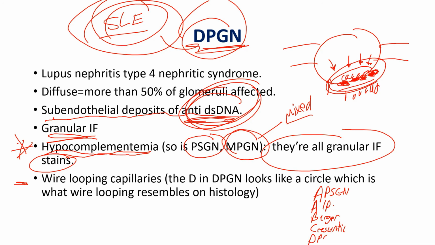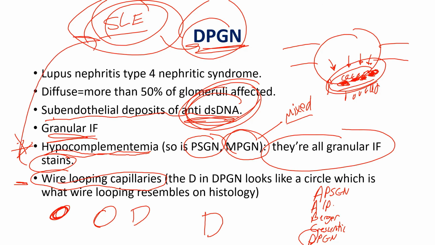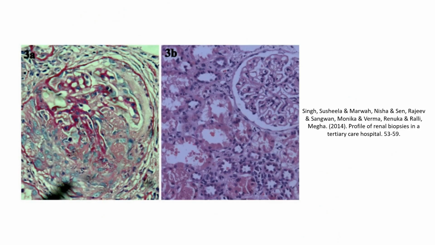Now we're talking about DPGN, diffuse proliferative. In all of these, the only one that looks like a circle is the D. If you were lazy with it, it kind of looks like a circle. And wire looping, I'm going to show you a picture on histology, looks a lot like a little thickened circle around the capillaries. It is diagnostic for this disease, DPGN, and that's what you'll see on histology.